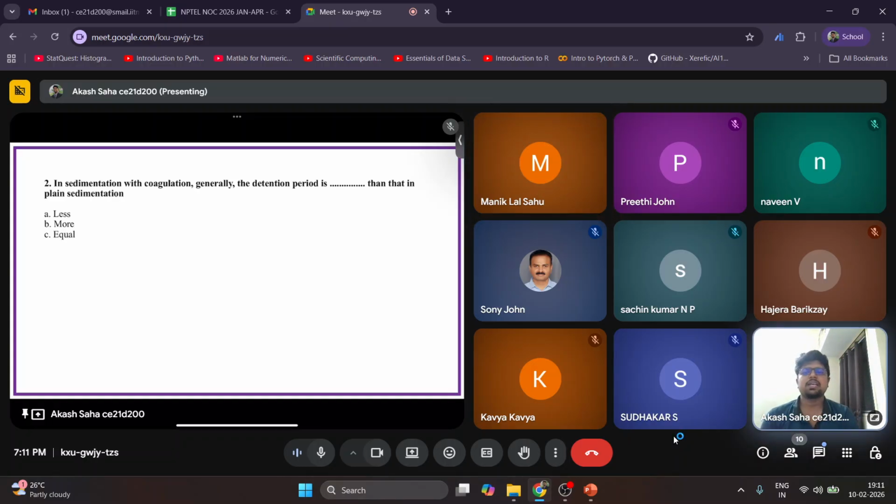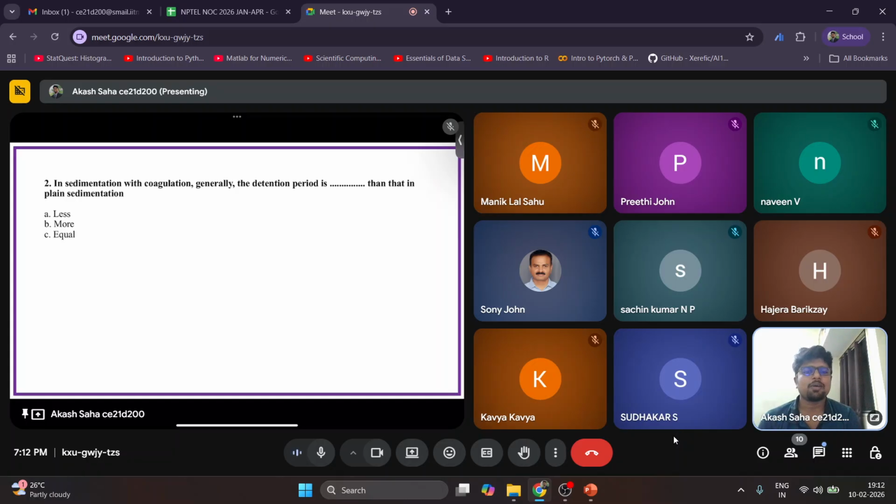So many a times the particles will be so small that it may take hours or days or even weeks to settle. Okay, so to increase the settling rate of those particles, what we do, we add some coagulants, which destabilizes the particles, and it allows them to come closer to each other and form flocks.